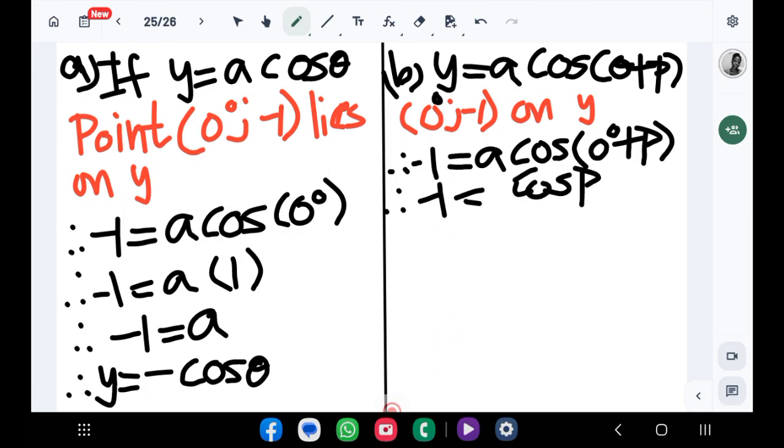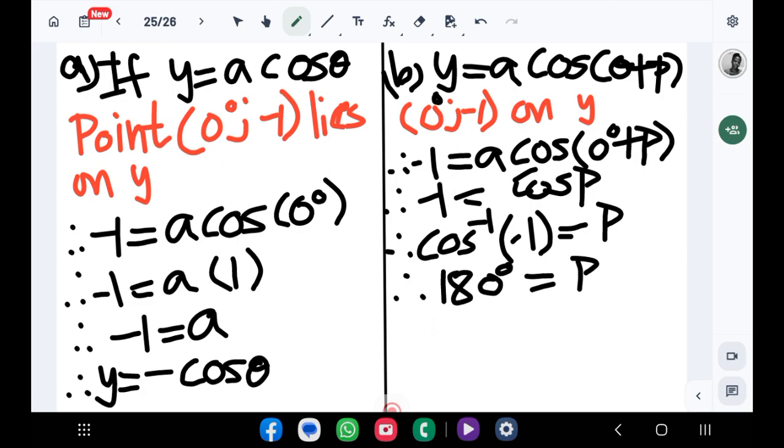All right. Therefore, cos to the -1 to find the angle, cos to the -1 of that is equal to p. Okay, therefore, what is cos to the -1 of -1? Second function shift, cos -1, close bracket, that is equal to 180 degrees.